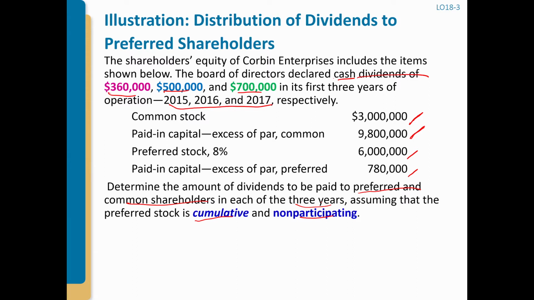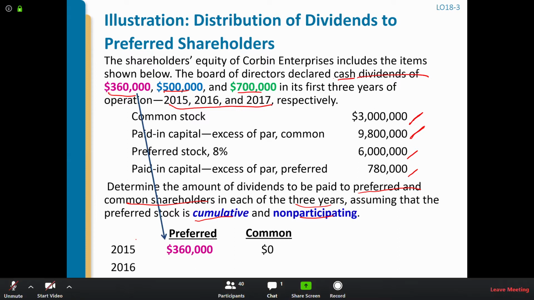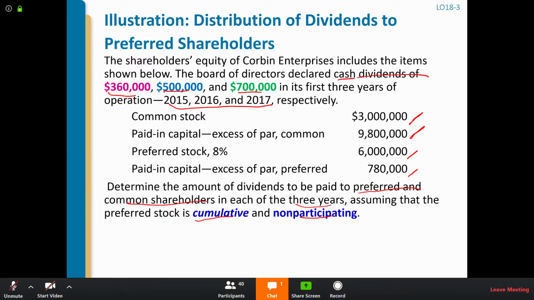Okay, so let's work on it one by one. First of all, you look at how much we're supposed to pay preferred stock. We're supposed to pay 8%, right? You can see that's 8%. Talk about the dividends to preferred stock.